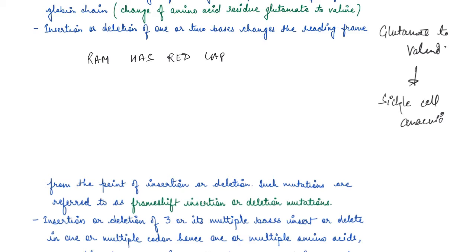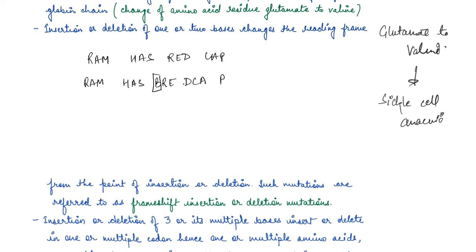Now if we insert, say, a letter B in between has and red, then what would happen is, this would be Ram has, now this would be BRE, then DCA, and then P. This is addition of B, right?